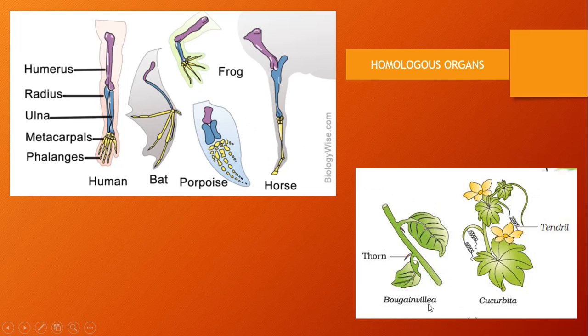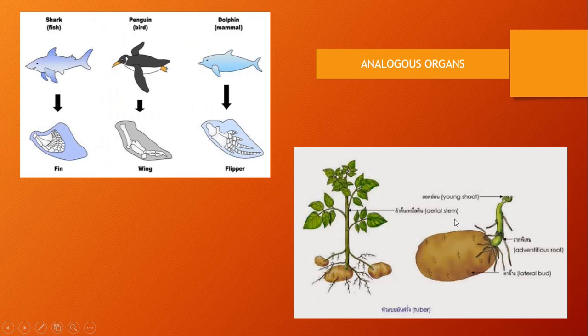Likewise in plants, Bougainvillea and Cucurbita: thorn and tendril are also homologous organs, because the structure remains the same but the function differs. One is for protection and the other is for support. Next, analogous organs.